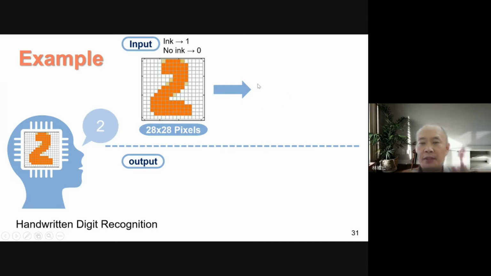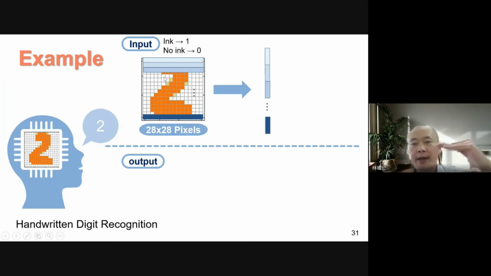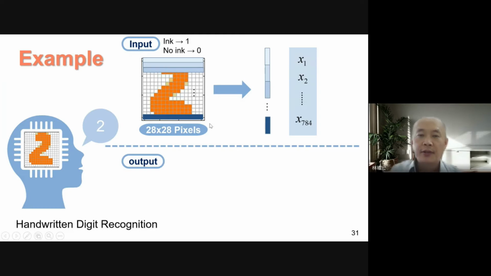Then we will flatten the image into a one-dimensional vector, flattening row by row. So it will flatten from 28 by 28 to 784 pixels in one vector, in one column. That is the input to the NN model.